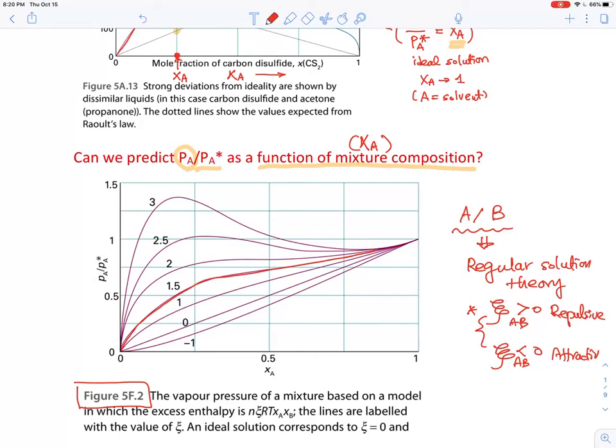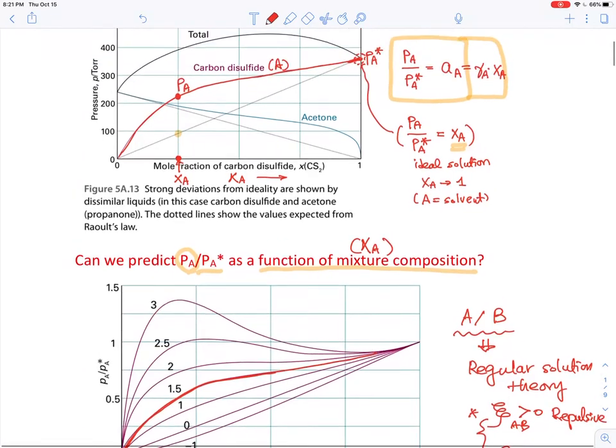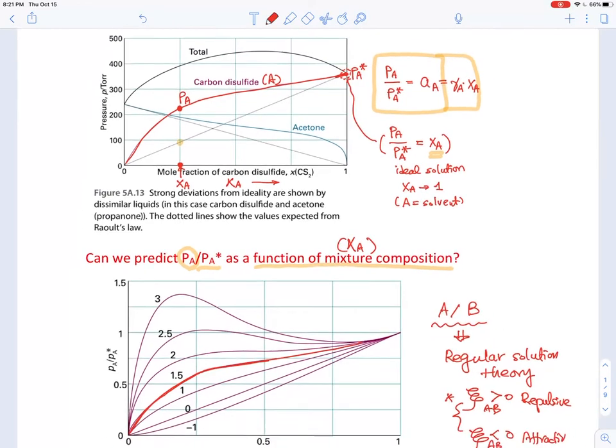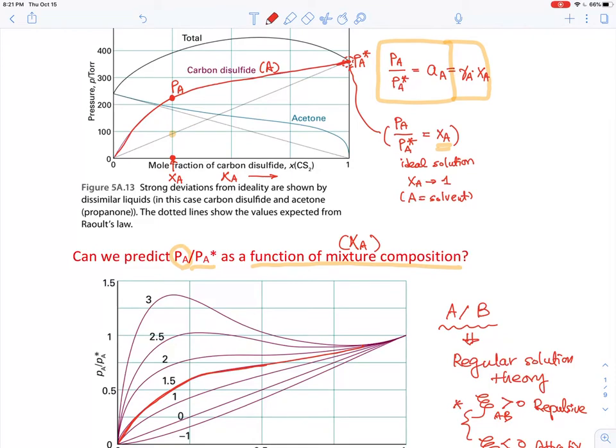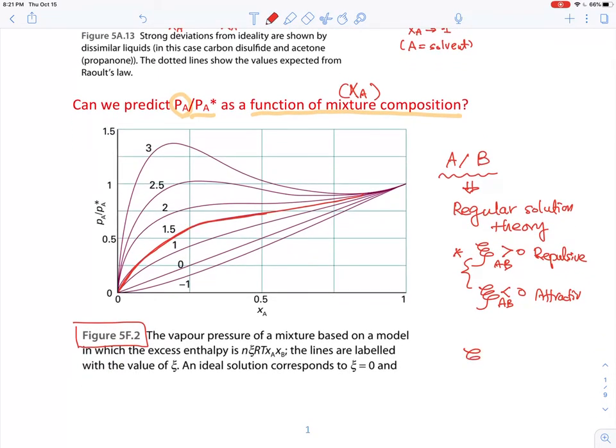And depending on the level of the value, we can fit this value on top to be able to say, okay, this one is roughly about 1.5. Regular solution theory can describe essentially a level of repulsive interaction between carbon disulfide and acetone. As you might recall, when the psi value is smaller than 2, the A and B mixtures are miscible.